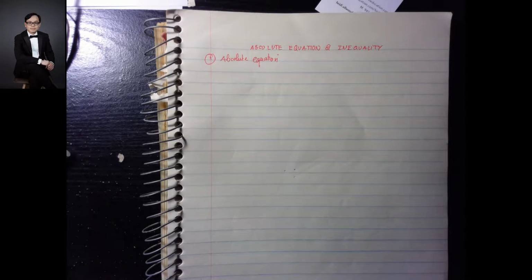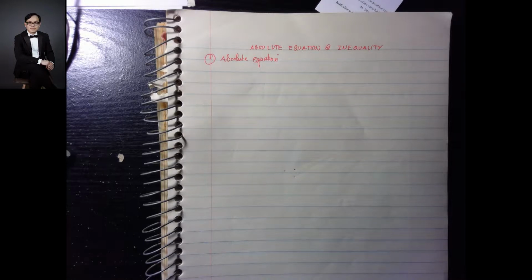And when you solve for absolute equation, similar to solving any equation, you solve for the value which, when you plug that value into the absolute equation, satisfies the whole equation.